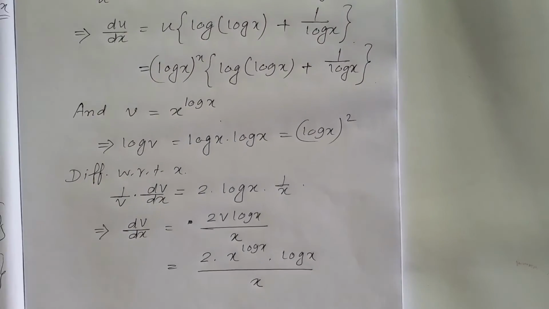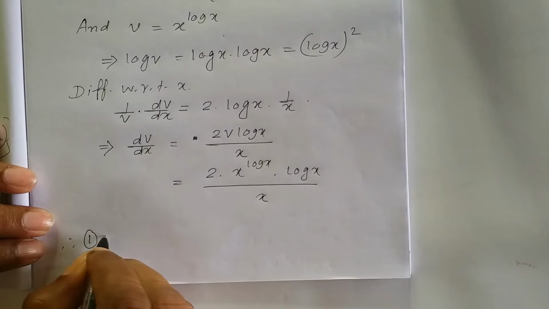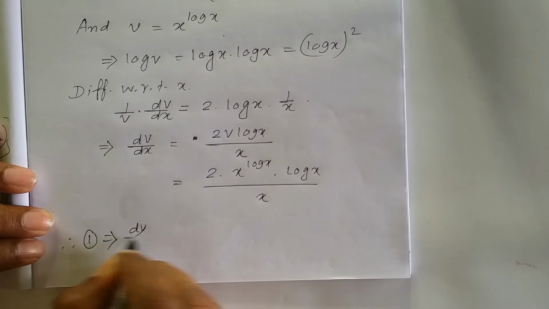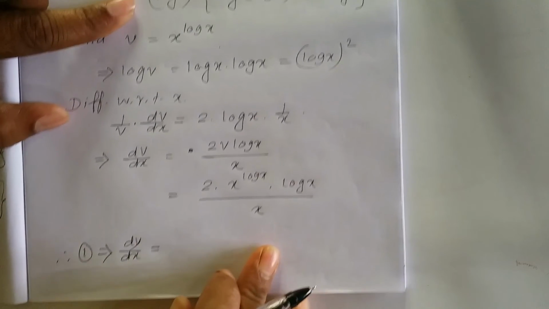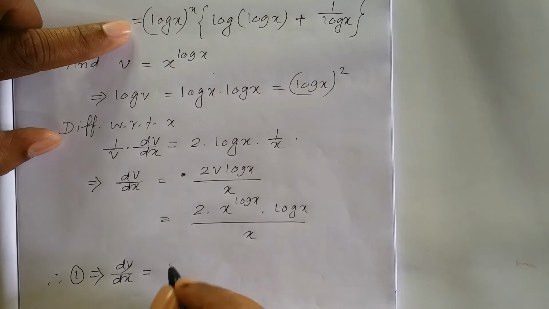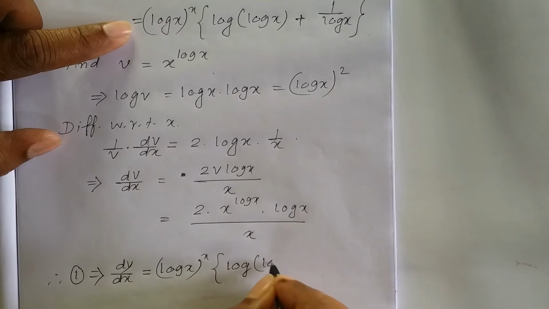So therefore equation 1 implies dy dx is equal to, what is du dx? du dx is the result here. You write log x whole to the power x whole into log of log x plus 1 by log x.